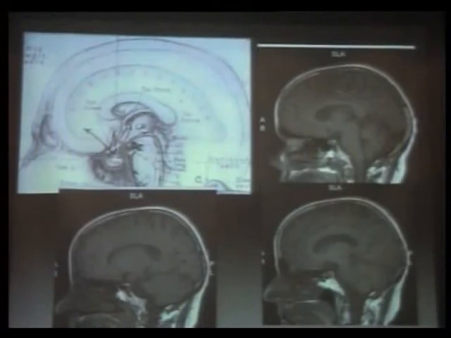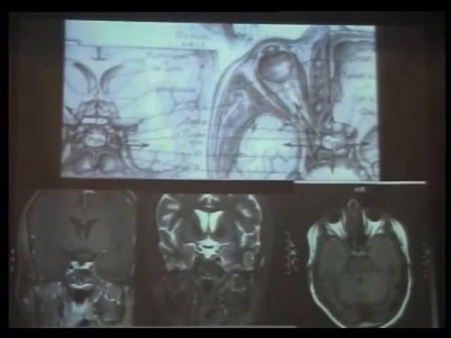So MRI is very helpful to us in understanding the anatomy. And if we look, and again, here's the sella with the pituitary tissue below, chiasm sitting above, and here's the pituitary stalk with a CSF space around, and in the sella.